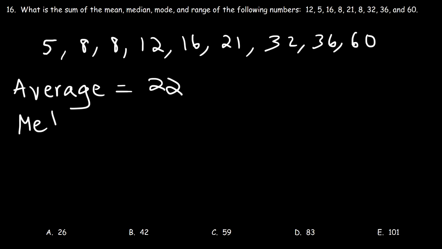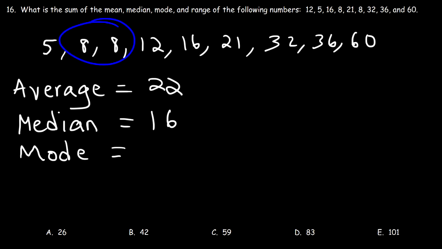So the median in this example is 16. Now what about the mode? How can we find the mode? The mode is the number that occurs most frequently in the list. So 8 is the most frequent number. It has the highest frequency. It's written twice in this list.